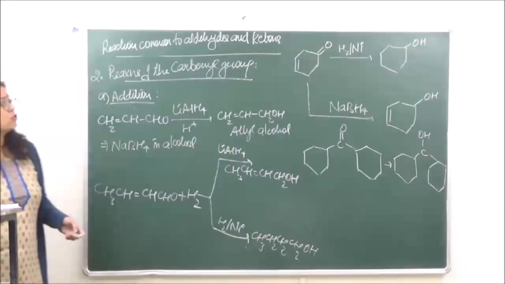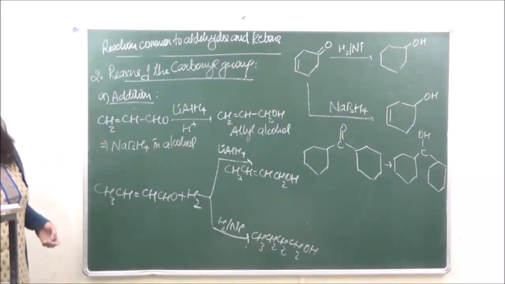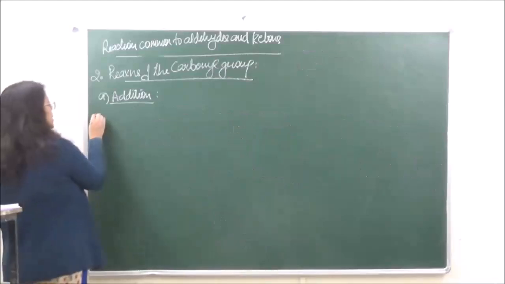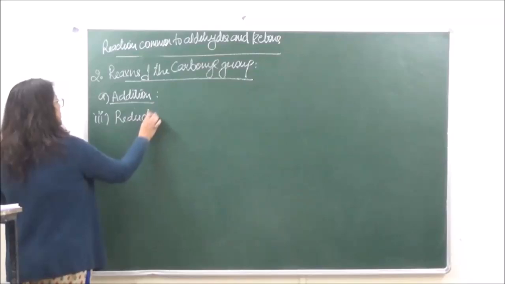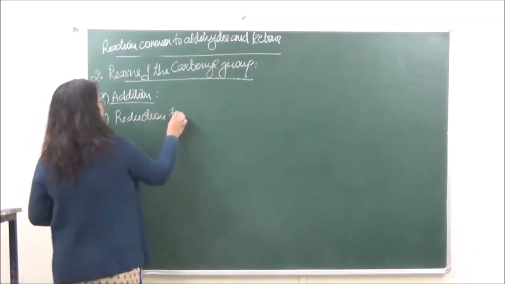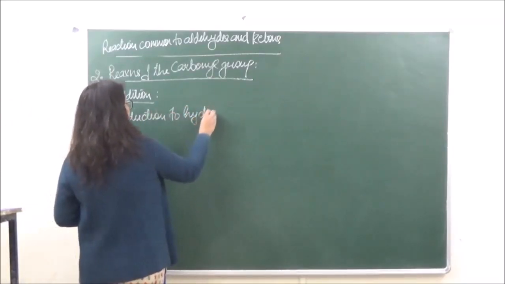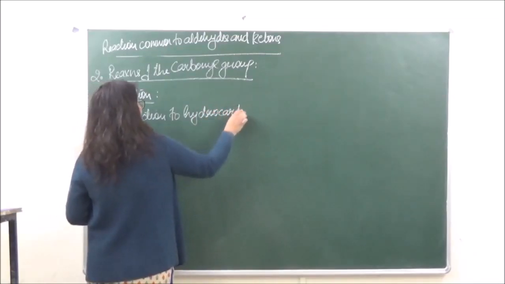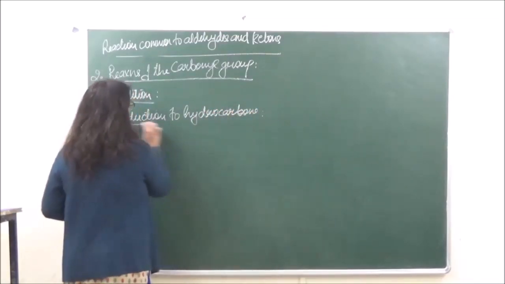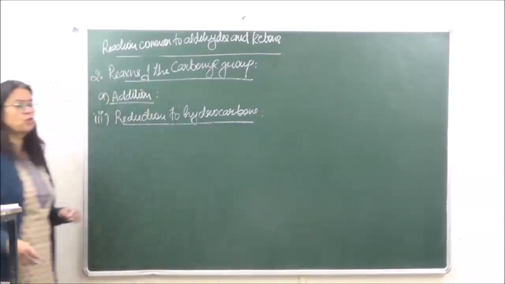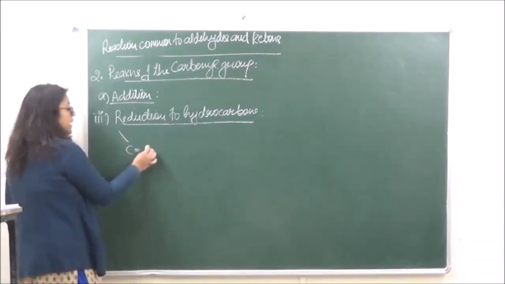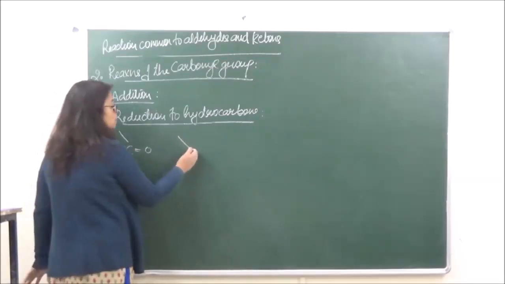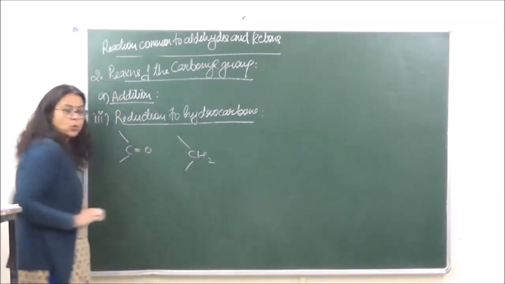Then next we are going to do the third type of reaction over here, reduction to hydrocarbons. Now over here the C=O is going to get reduced to CH2.